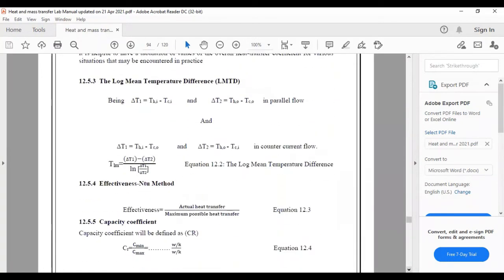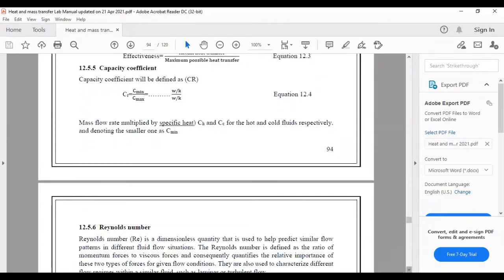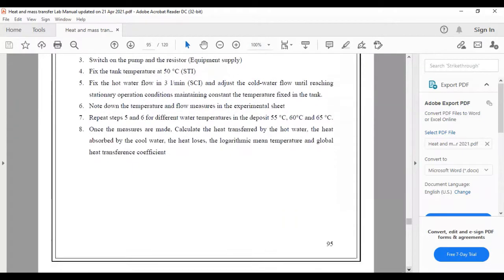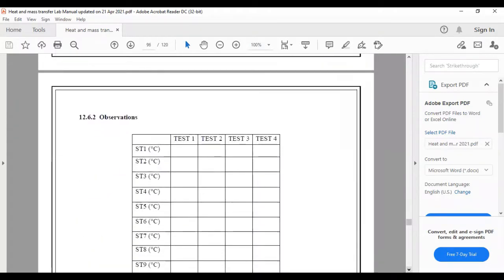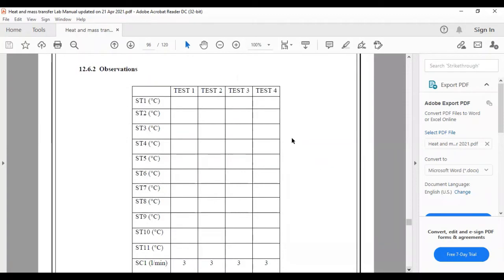Before going into detail, I will show you how we will record the measured values in the table, and then we will perform the experiment in the laboratory. After that, I will show you how I will use all these values for our calculations.